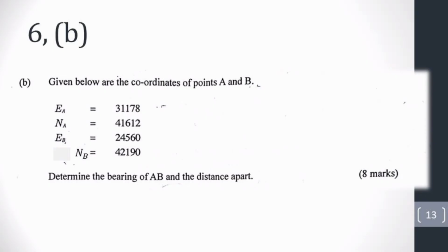So those are the datum coordinates of points A and B. We have been asked to calculate the bearing of AB and the distance AB apart, for a total of 8 marks.